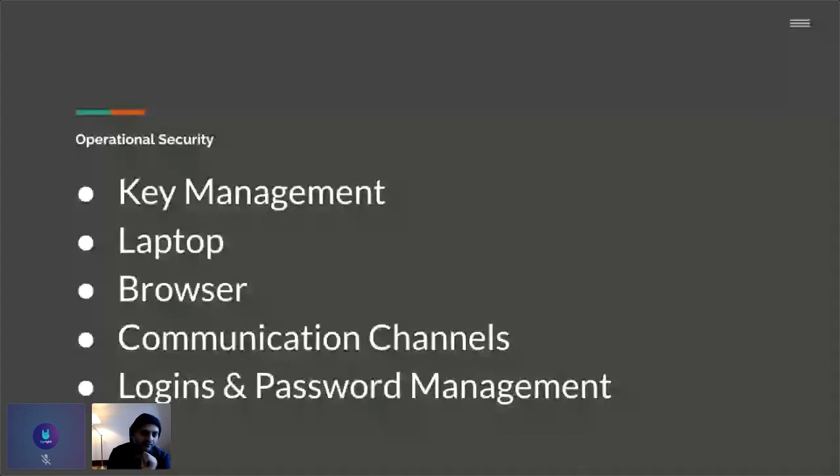And the other part of it is just generic corporate security: how are your users or employees using their laptops? How is the browser security being done? What are the communication channels that you use in your company? And also how to think about all these logins and how to manage the passwords that give you access to all these different kinds of infrastructure that we have.